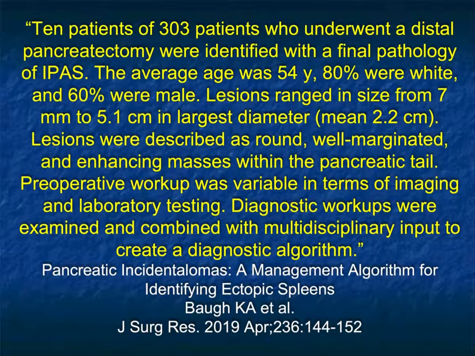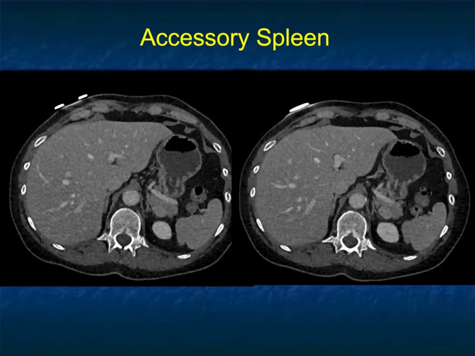Lesions were described as round, well-marginated, and enhancing masses within the pancreatic tail. Preoperative workup was variable in terms of imaging and lab testing. Diagnostic workups were examined and combined with multidisciplinary input to create a diagnostic algorithm. So you can see it's a potential pitfall, but it's one we should be able to avoid.